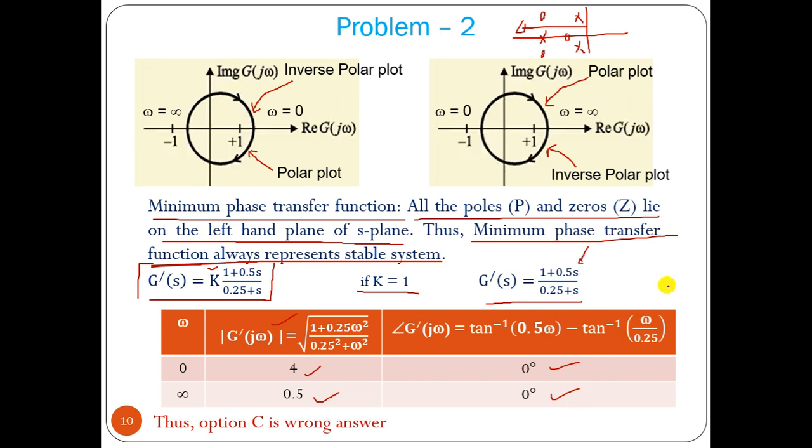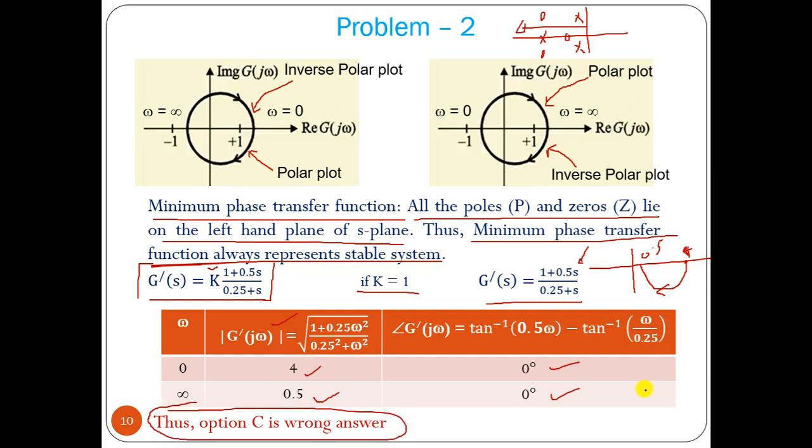So what we can find out is that it should start from 0 degree and end at 0 degree, if it is a minimum phase system with 1 pole and 1 zero. This is the plot, starting at 1 with 0 degree and ending around 0.5 with 0 degree. So option C is also a wrong answer.